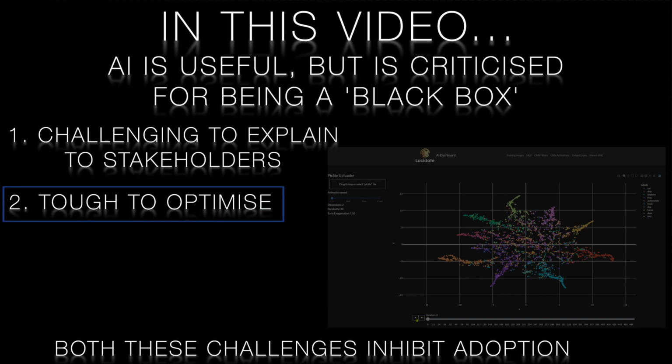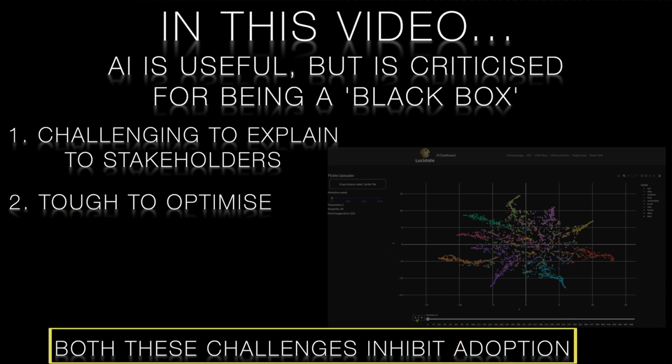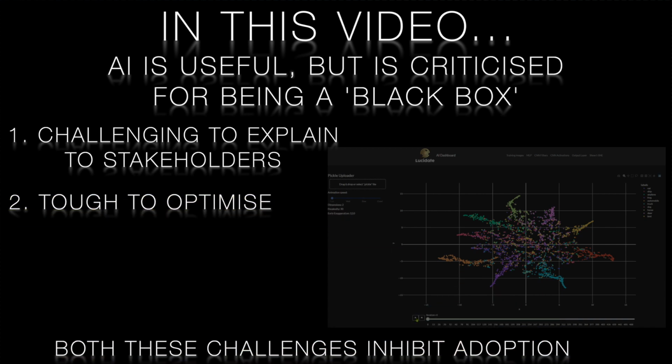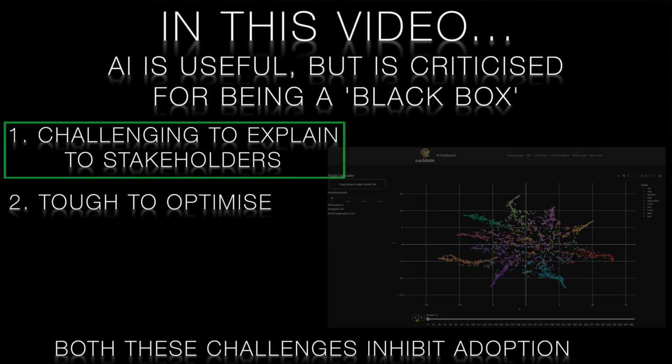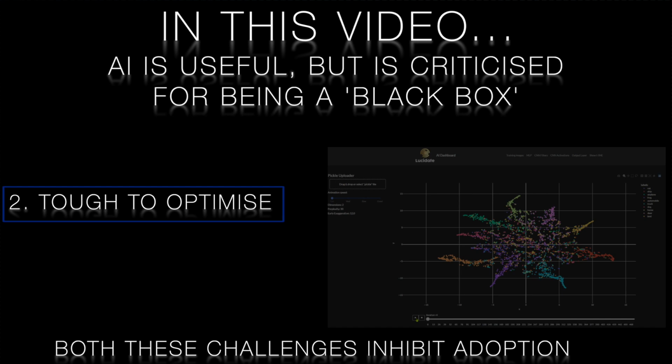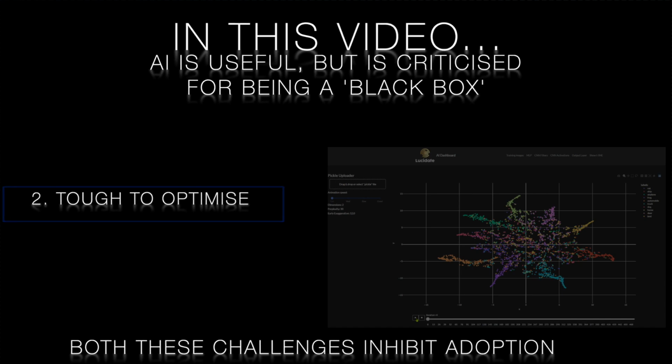The more you can understand how an AI system functions, the easier it becomes to tune it to gain further improvements in accuracy. In this video, we're going to look at both the primary benefit, that is making AI transparent to regulators and compliance officers, as well as gaining deeper insights to help improve accuracy.